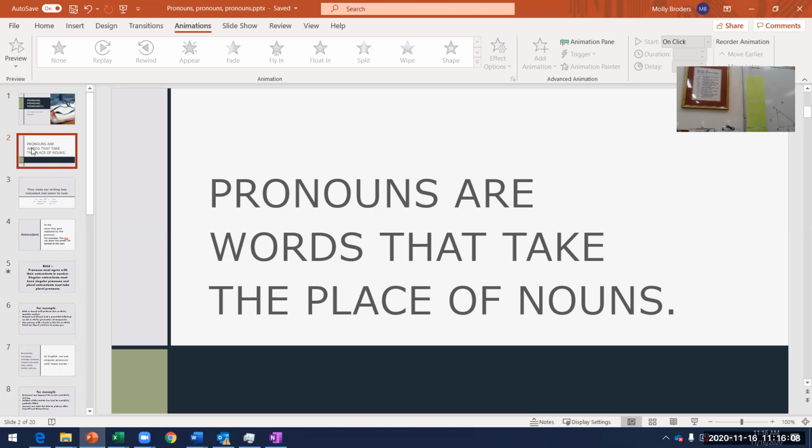So if I were you, I would make myself a Quizlet or some kind of study card, and I would put nominative pronouns on the front, and then on the back of it, I would put what they are. Who can tell me what the nominative pronouns are? He, she, we, I, who, they.